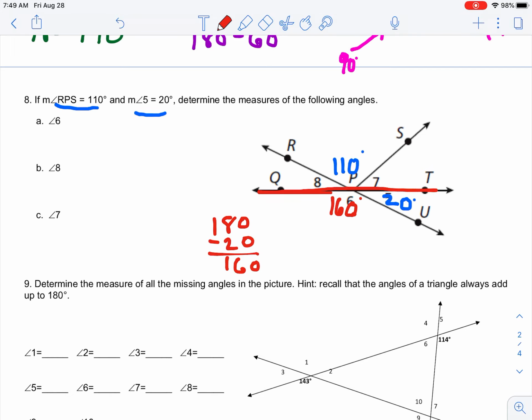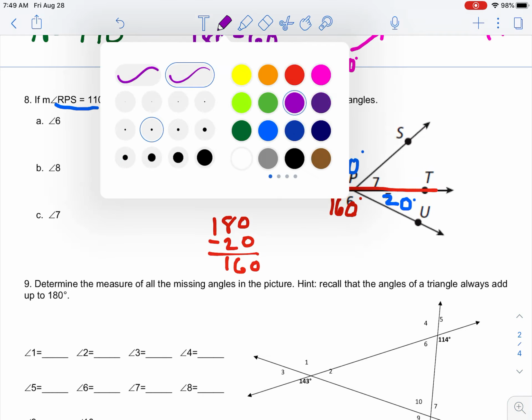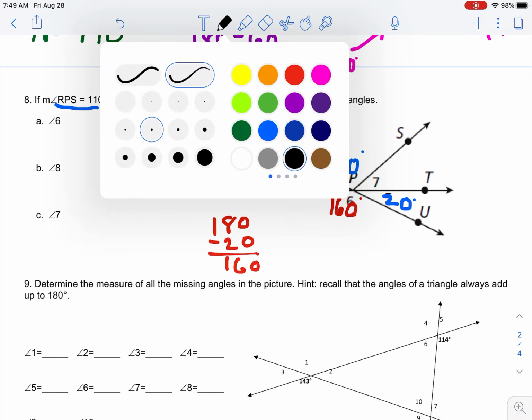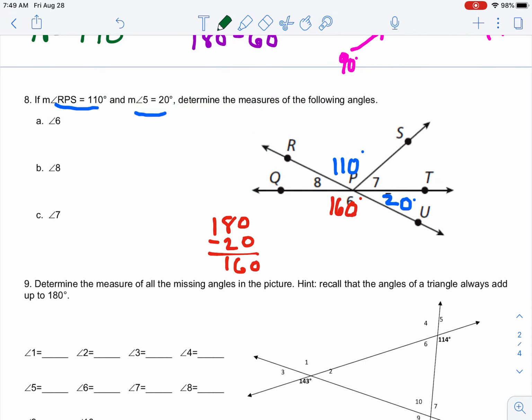Now, when I look at this picture, I notice that the 20 and angle 8 are technically vertical angles. If those are vertical angles, I could solve for it that way. I could put the 20 in for angle 8. However, if you don't see that, then you can go ahead and use more straight lines in this picture. If you look at this picture again, I noticed something right here that I could use if I didn't see the vertical angles.